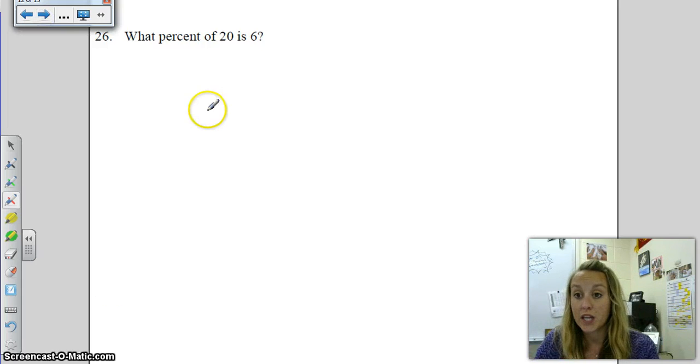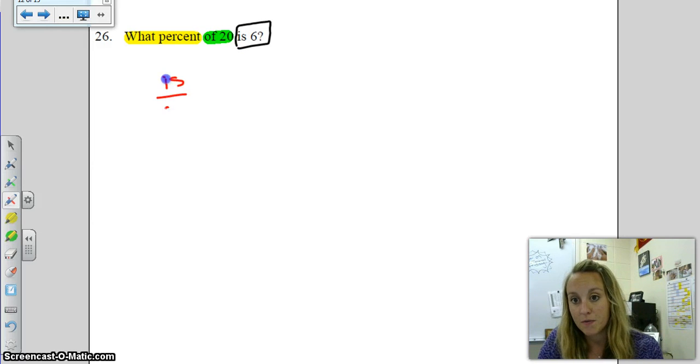Here we seem to do really well with this. What percent, so I'm looking for a percent, of is with 20, and then is with 6. So don't forget how we set these up. Is over of equals percent over 100.